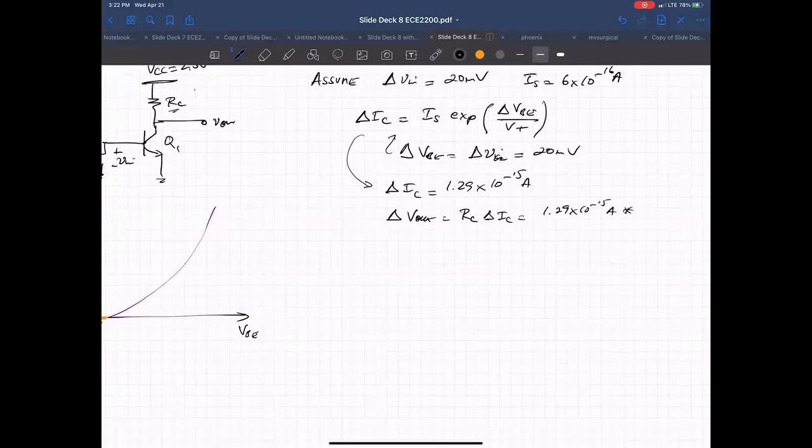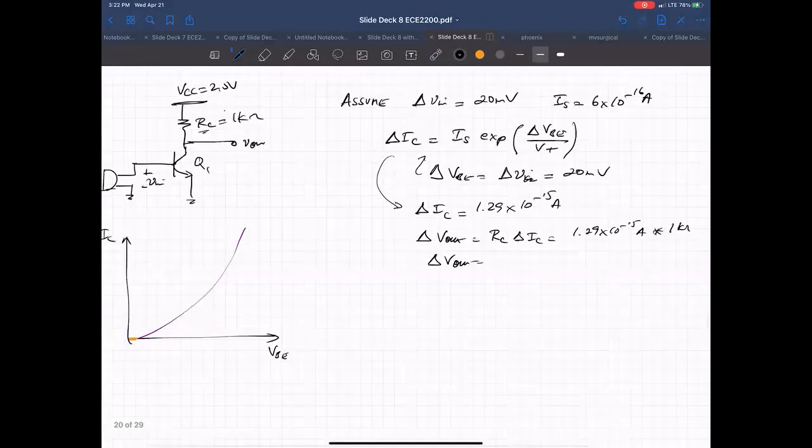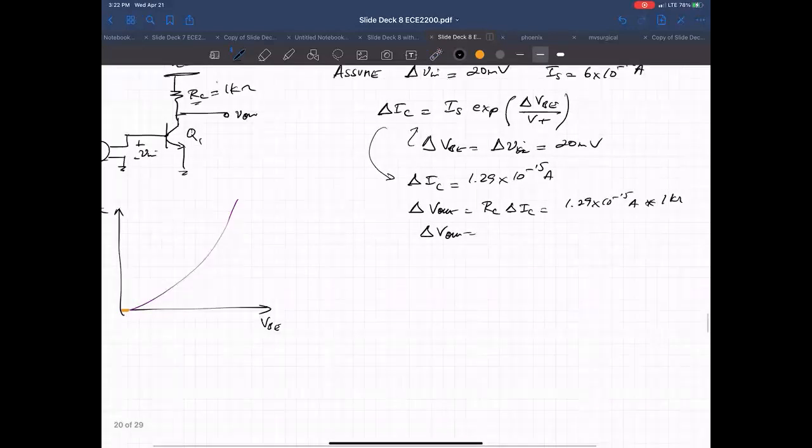So let's say R sub C is 1 kilo ohm. And so this delta V out is going to be 1.29 times 10 to the minus 12 volts.